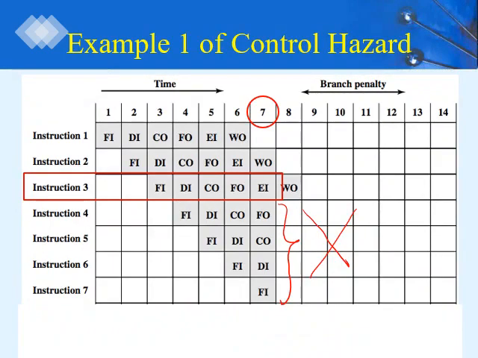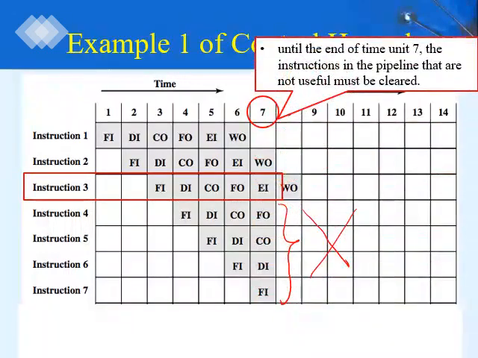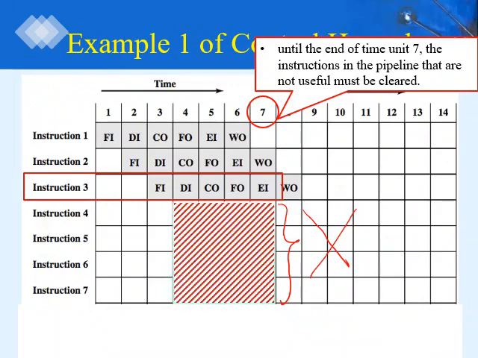Pipeline will stop taking all these other stages because it knows that it has to branch to another instruction. And then all the unuseful instructions, the ones that came in before we knew there's branching, will be cleared.